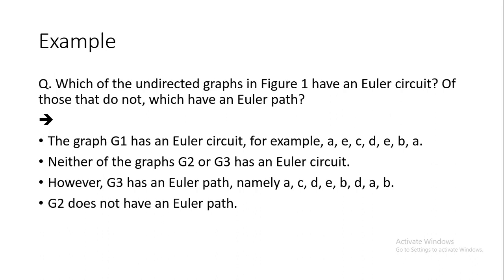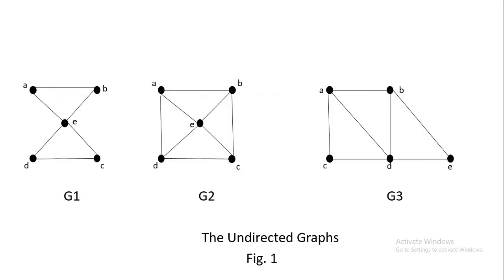Neither of the graphs G2 and G3 has an Euler circuit. Why? You can try here. By looking at this figure, you can try AB, then BE, then ED, then DC, then CE, AE, then AD.